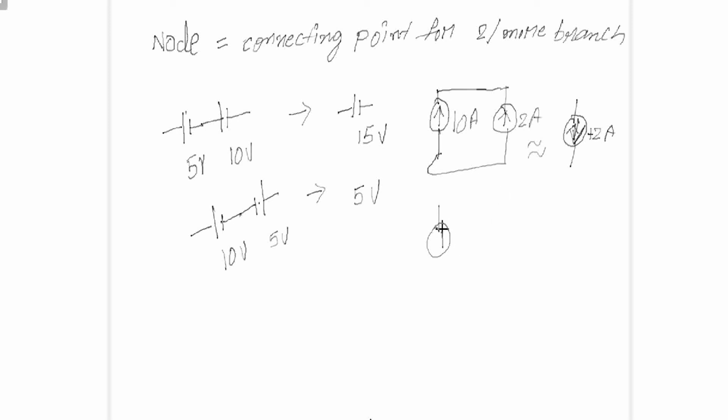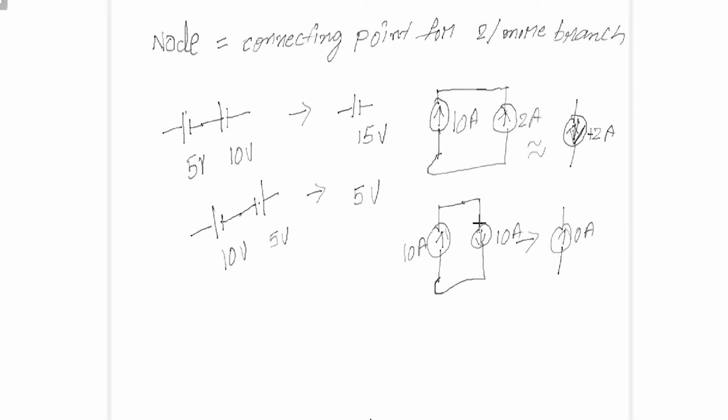If I have a current source of 10 amps here, and one more current source of 10 amps downwards, then what will be the equivalent? 0 amperes. So for current, if the current direction is in the same direction, then we need to add.